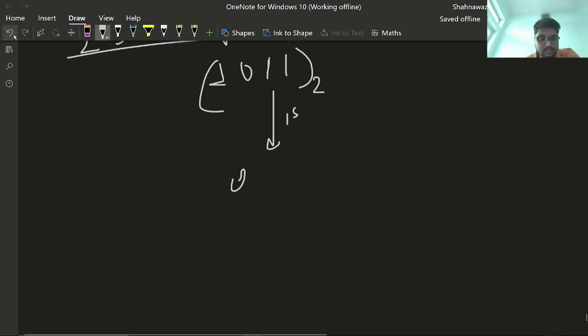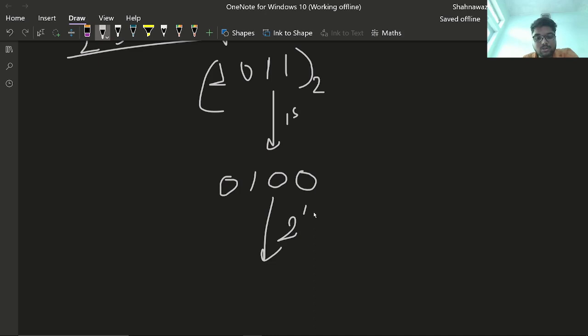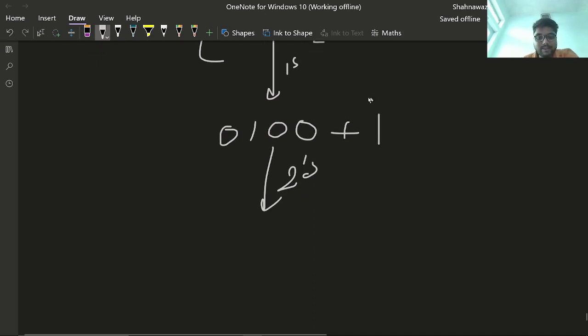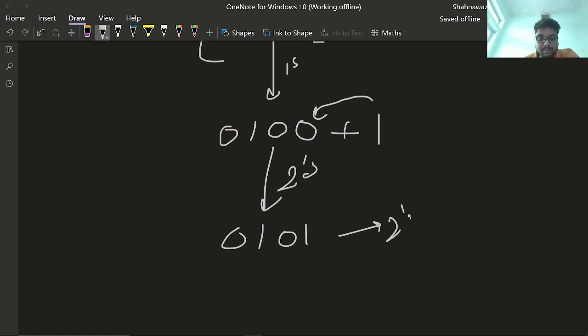This is the one's complement. And to form its 2's complement, just add 1 to it. When you add 1 to this bit, you get 0 1 0 1. This will be the 2's complement. I think till now you have understood one's complement and 2's complement.